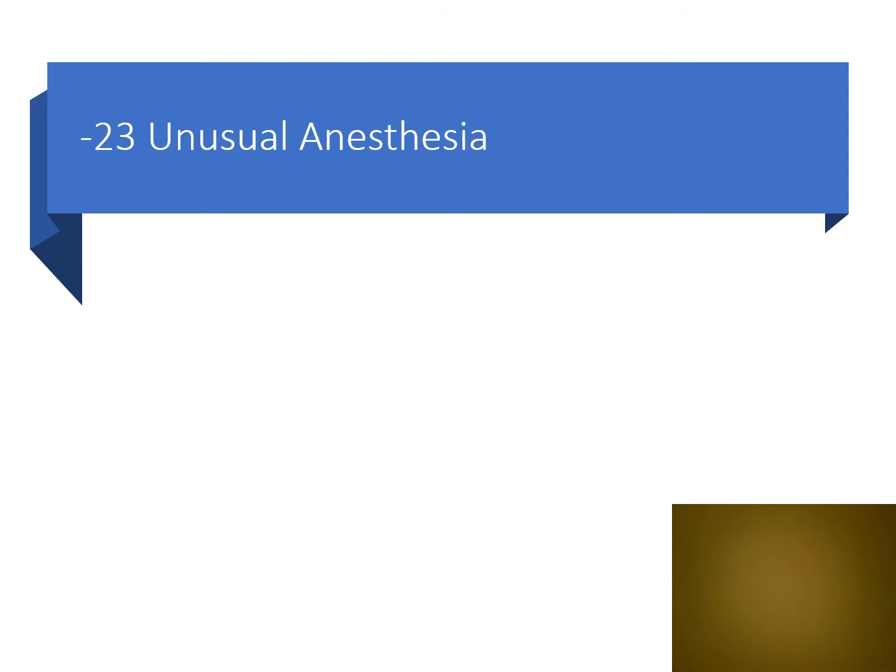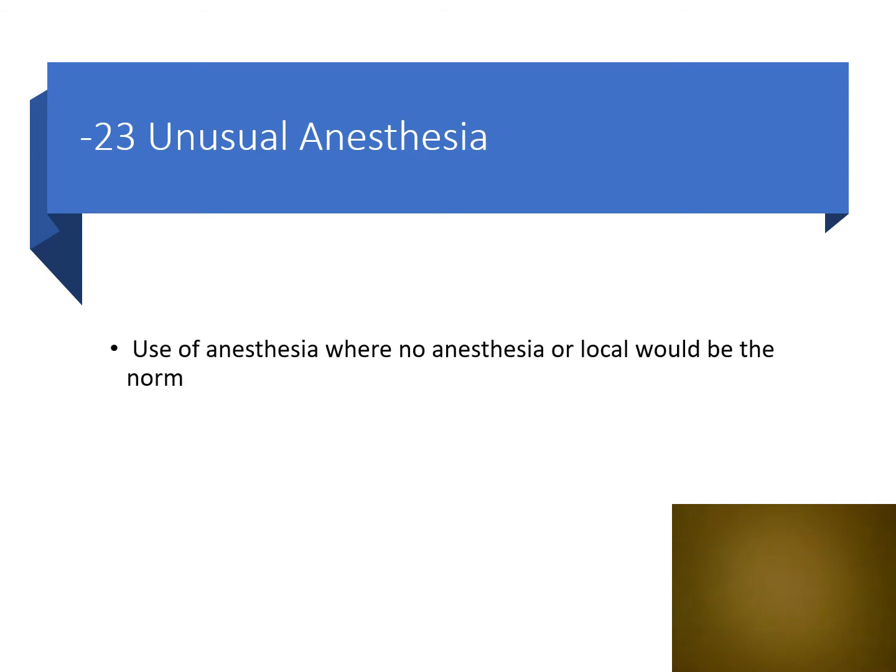Modifier 23, unusual anesthesia. This is usually where the anesthesia, whether it's local or not, would be the norm, or where no anesthesia would be the norm. So sometimes we have a kid that needs to get a little suture and a quick one, or an injection or something, and the kid's just crying his head off and the procedure cannot be done.